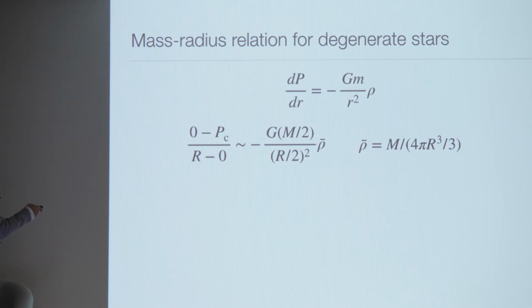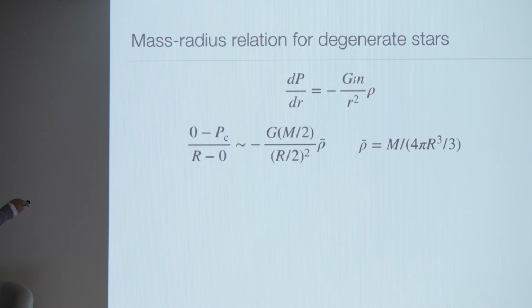Let's say there's a star of radius R and mass M. If you think about the entire star, at the surface of the star the pressure will be 0, and let's say the pressure at the center is Pc. The radius at the surface is the star radius, and at the center it is 0. So this can be written in this way.